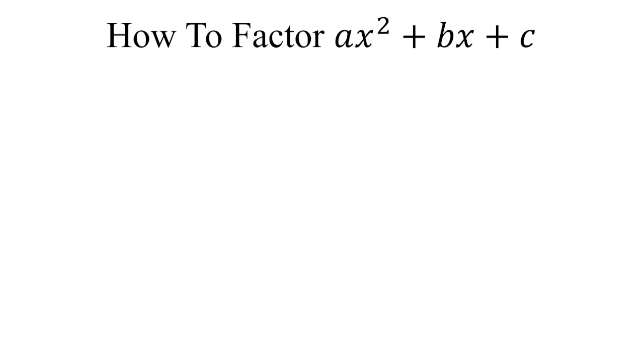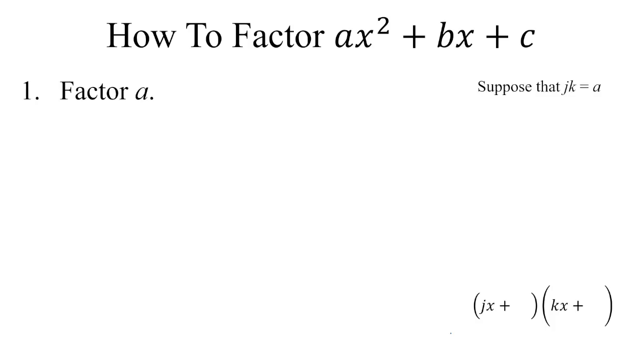To factor ax squared plus bx plus c, we must first factor ax squared. So when you factor ax squared, you can write it as jx times kx.